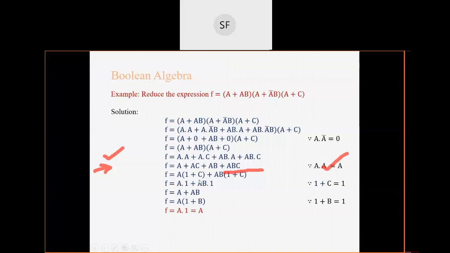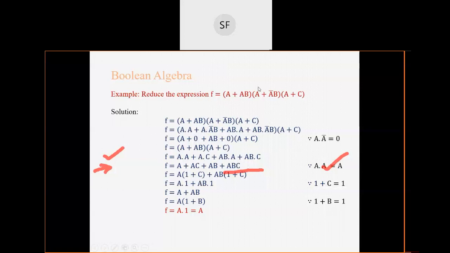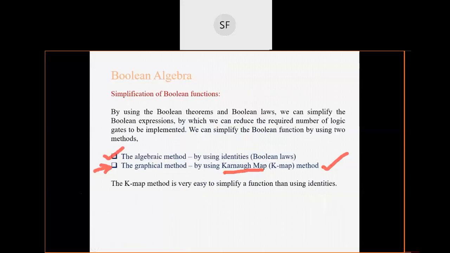So when variables increase, the number of steps will also increase, right? So when the number of inputs increases, this first method, the algebraic method, becomes quite complex, and the chances of error also increase many times. So there comes a graphical method, that is the K-map method, which is very easy for simplifying functions.